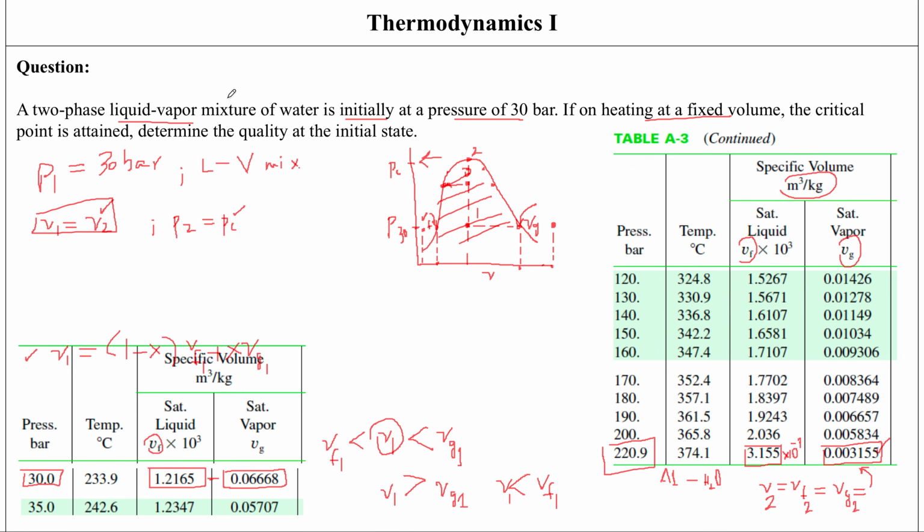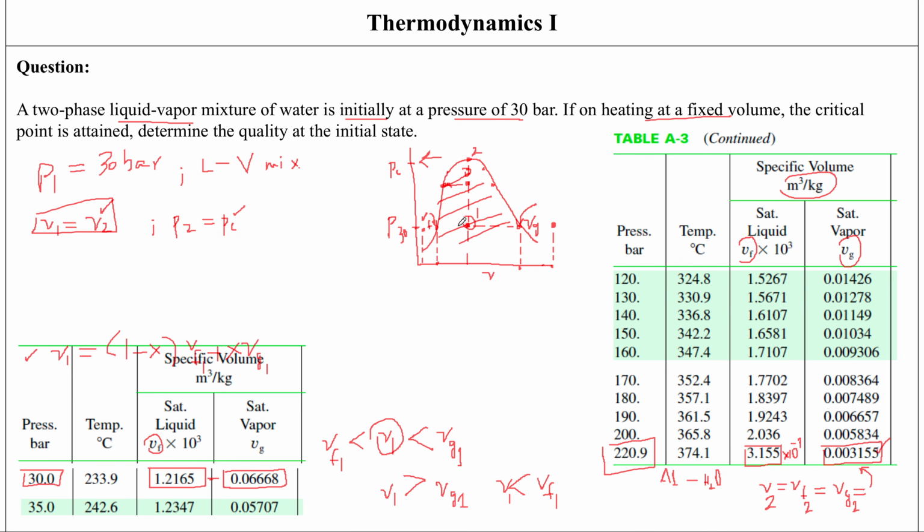So what I'm given in the question, that it's a liquid vapor mixture, holds true. Even if this wasn't given to me, if it was just given that water is initially at a pressure of 30 bars, I should be able to identify whether water is a liquid vapor mixture or not at state 1.